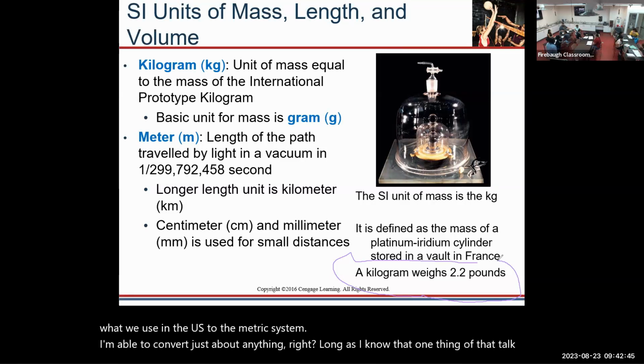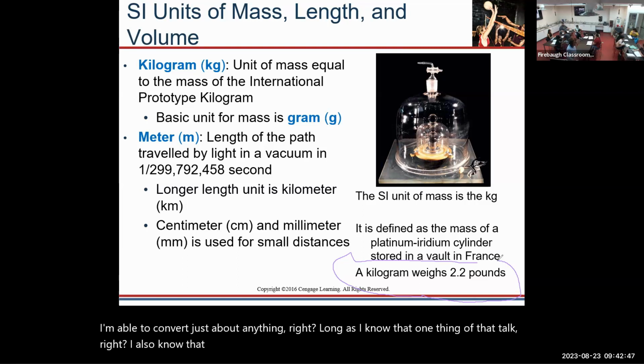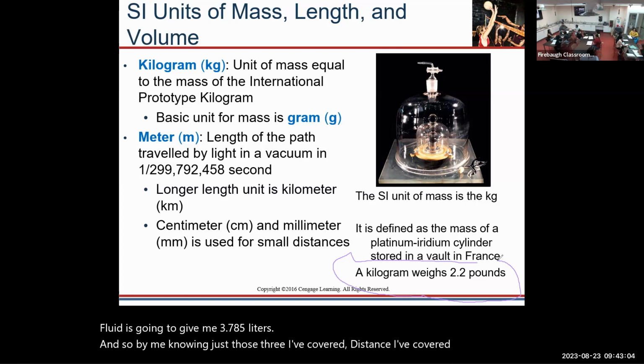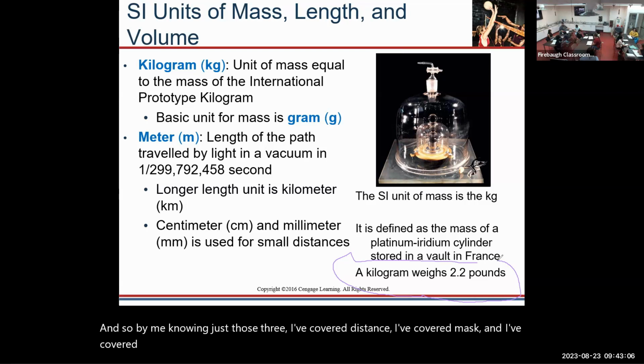I also know that 1 gallon of fluid gives me 3.785 liters. By knowing just those three, I've covered distance, mass, and volume, and once I have those, I can use them for everything else.